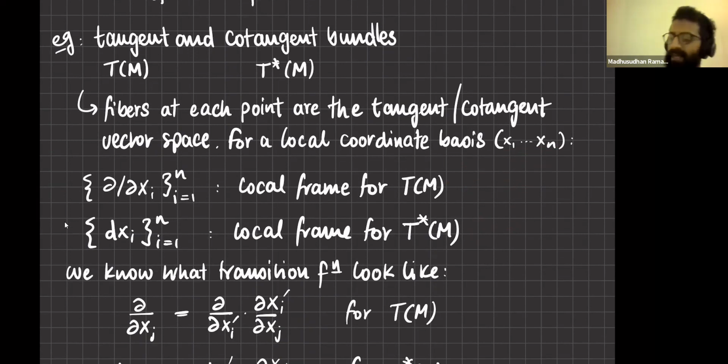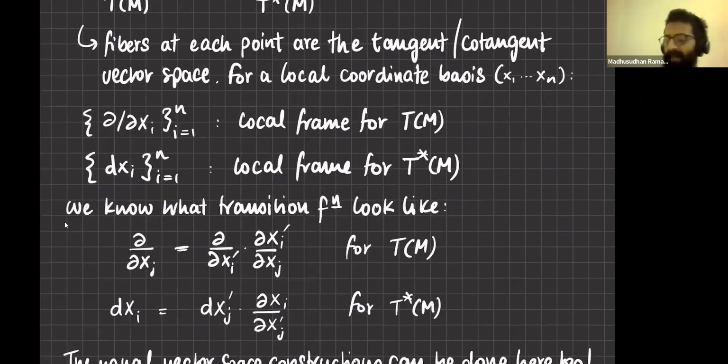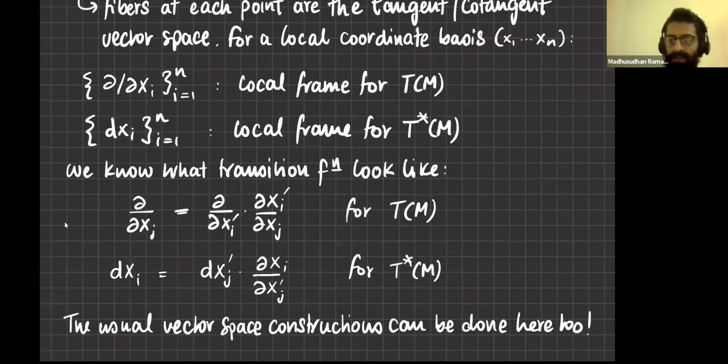For the tangent bundle, this is just given by the coordinate-adapted derivatives, and these are the corresponding one-forms that are dual to them. So these are dual to each other. And we know exactly what the transition functions look like. The transition functions look like these over here.